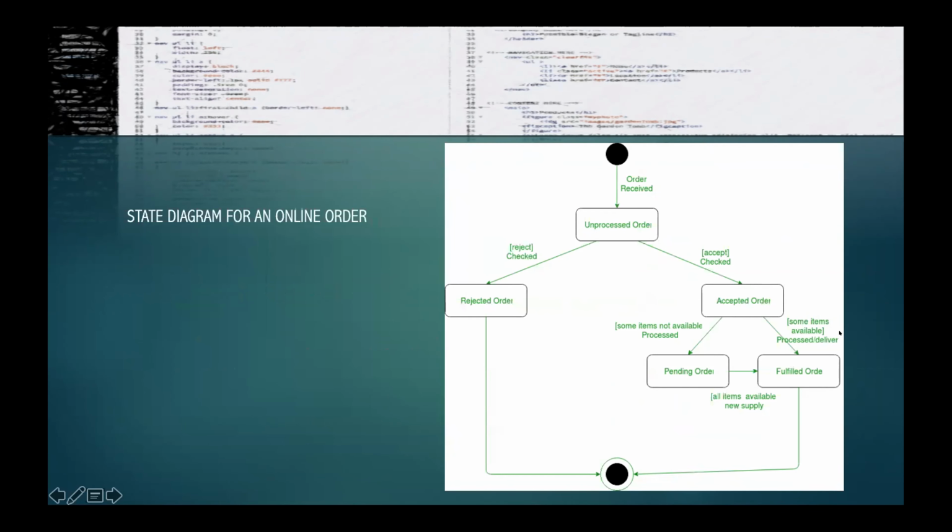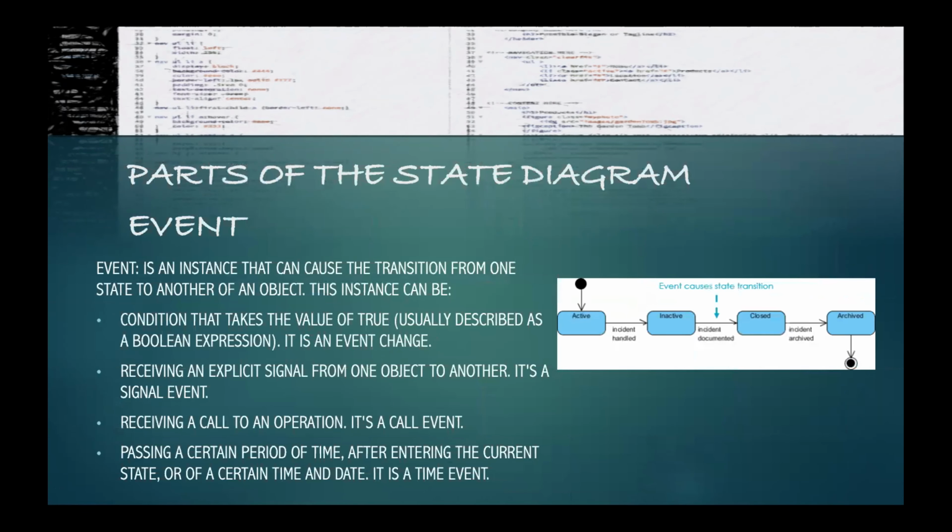I have another example. Here I want to show part of the state diagram. The event is an instant that can cause the transition from one state to another of an object, and these events can be conditions that take the value true, usually described by a Boolean expression.